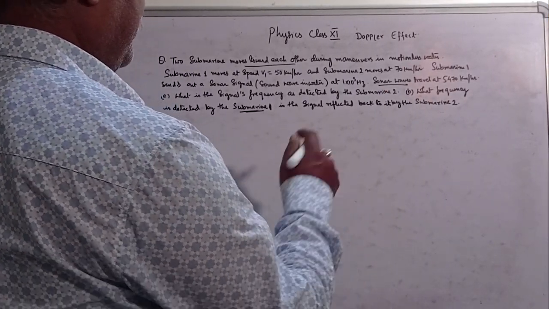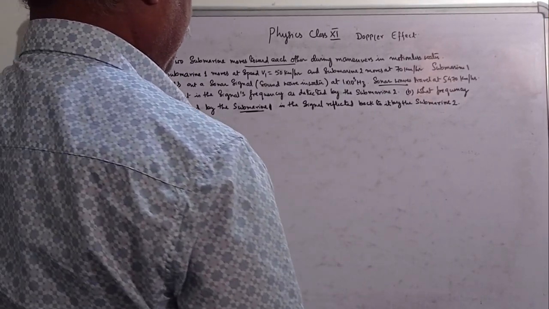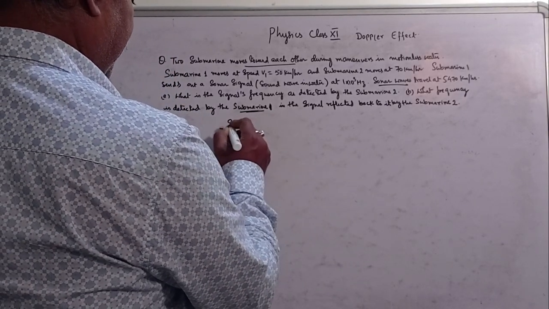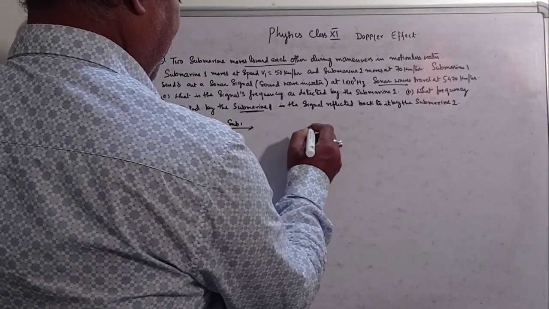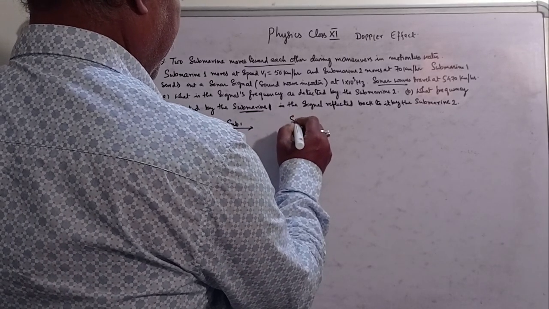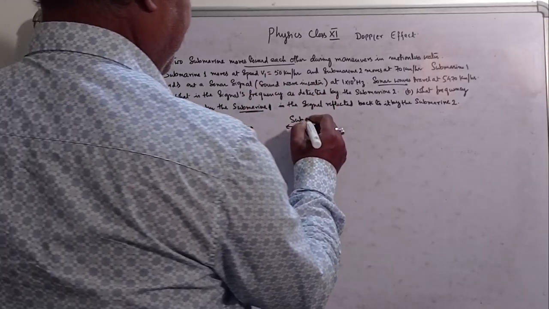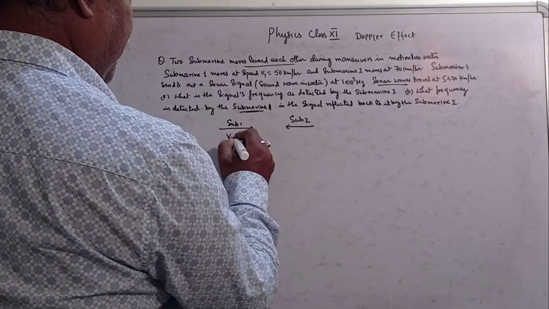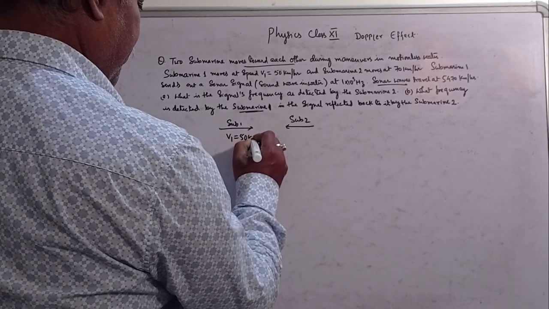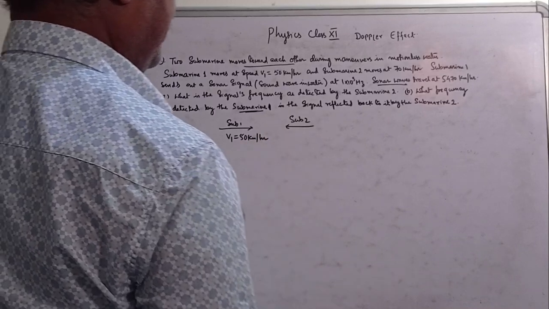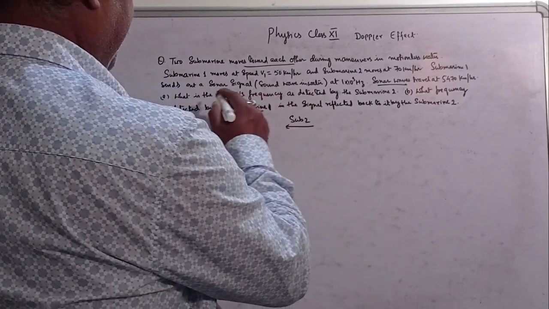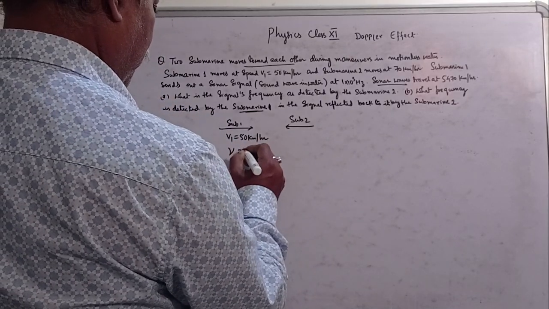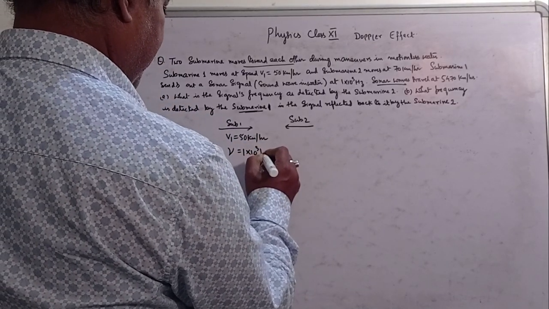Now here, this is a question on Doppler's effect. Here you see that there are two submarines, submarine 1 and submarine 2. They are moving towards each other. The velocity of submarine 1 is 50 kilometer per hour, and the frequency emitted by the sonar signal is given as 1 into 10 to the power of 3 hertz.